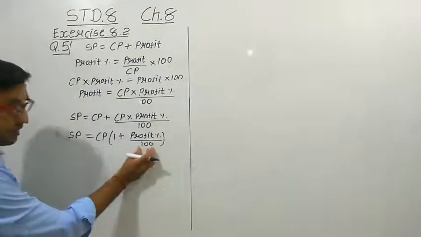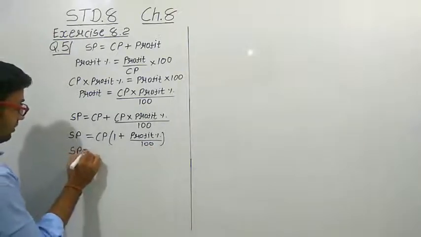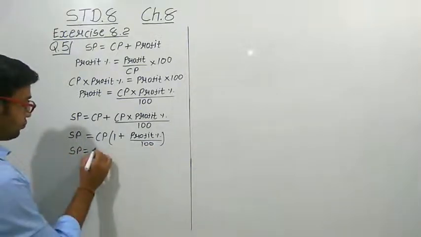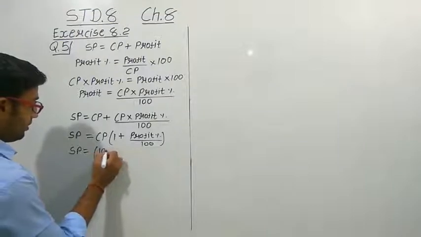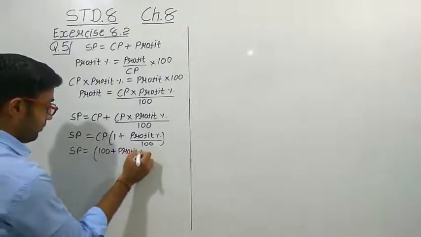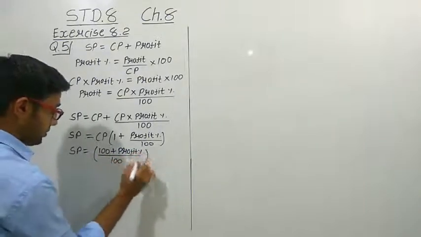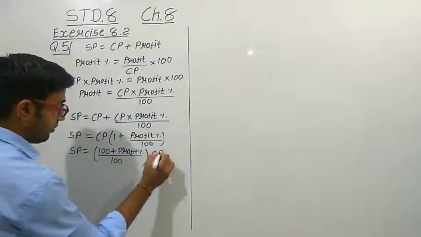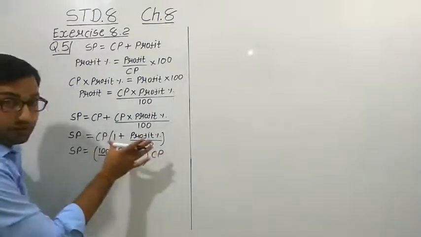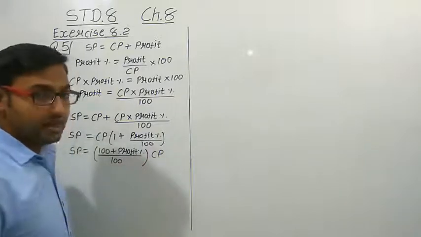Now we can take 100 as the LCM. So we can write SP is equal to 100 plus profit percentage upon 100, into CP, which we write first because CP is in multiplication with this bracket. So we write the bracket first, then the cost price.